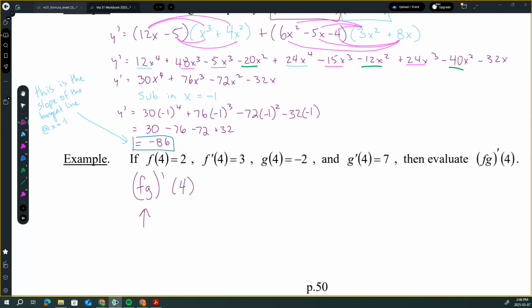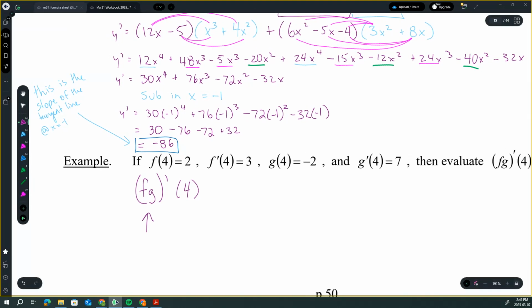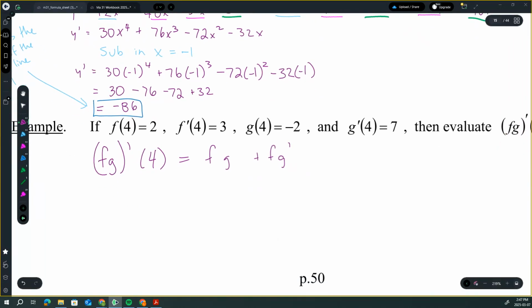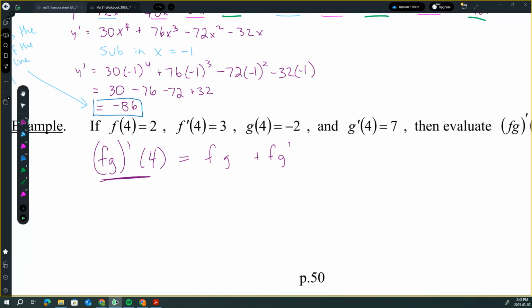This is just meaning that the function f of 4 is being multiplied by g of 4, and we take the derivative of that. Essentially this is the product rule: f prime g plus f g prime. That's what we're operating with. So this just means the product rule is at play. So erase that.